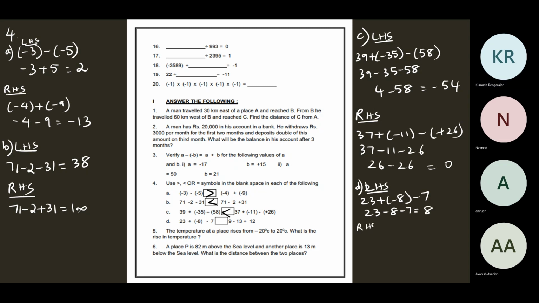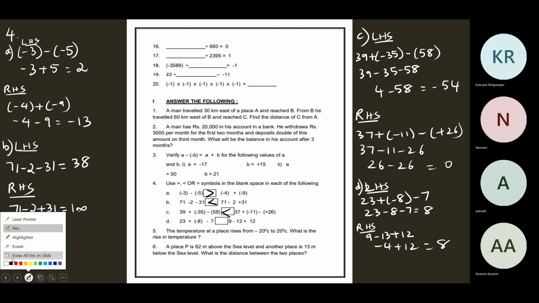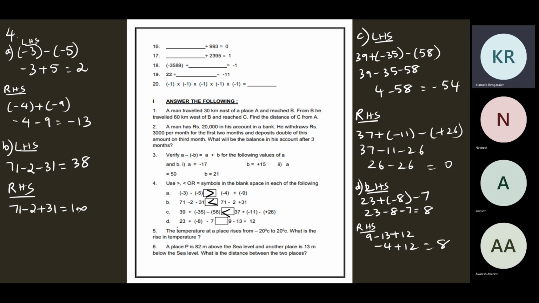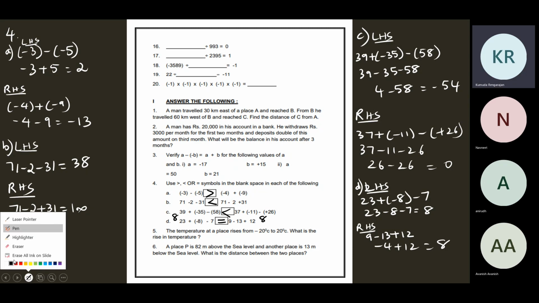RHS: 9 minus 13 plus 12. 9 minus 13 is minus 4, plus 12, which is 8. So the left hand side answer is 8, and the right hand side answer is also 8. So equal to. All right.